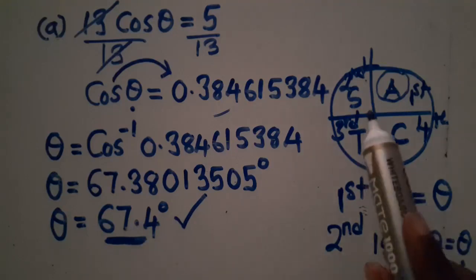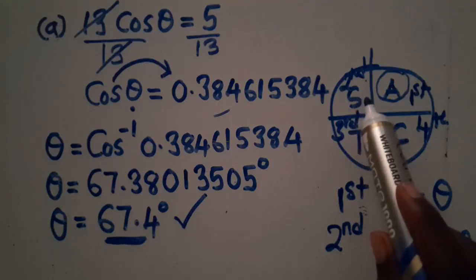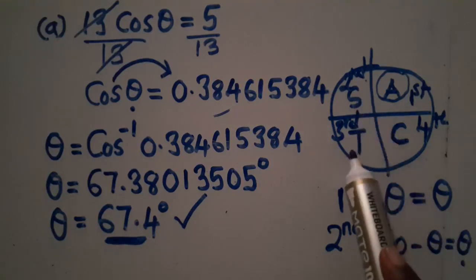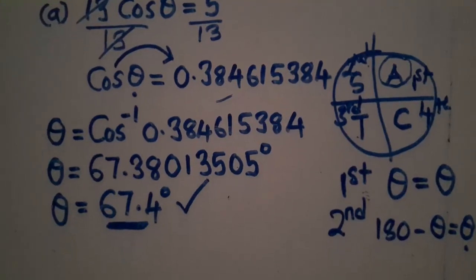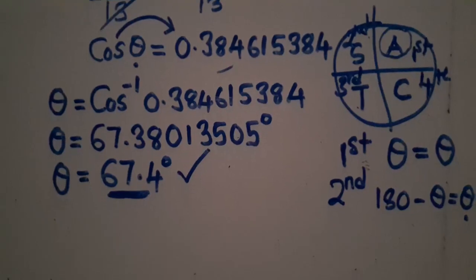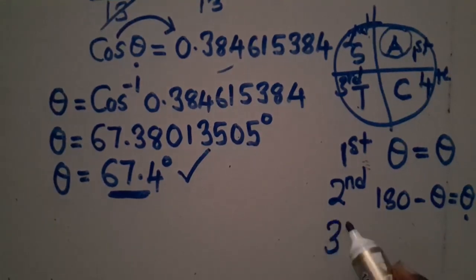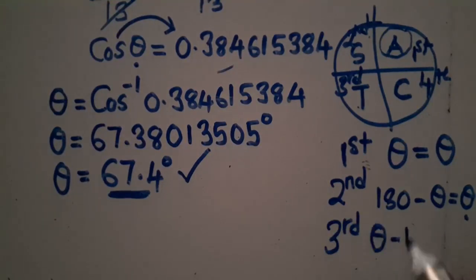But here our concentration is not on this part. Or if it was in the third quadrant, I'm telling you how to answer questions related to this. In the third quadrant, you say theta minus 180 is equal to theta.